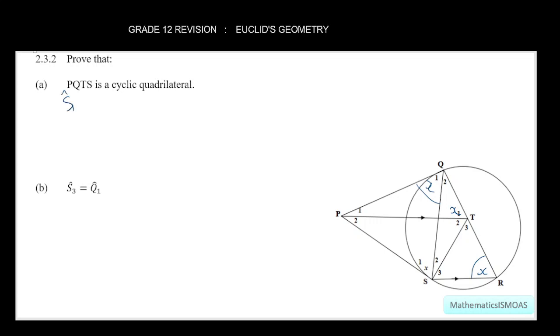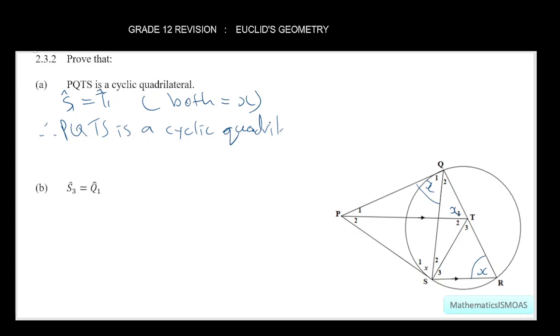We say angle S1 will be equal to angle T1, and this is because both angles are equal to X. Therefore, we can say PQTS is a cyclic quadrilateral, and the reason is that line segment PQ subtends equal angles.